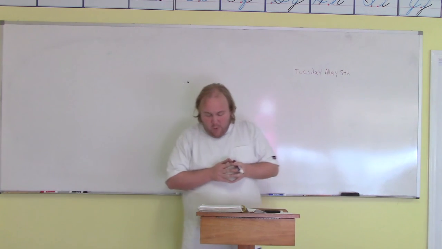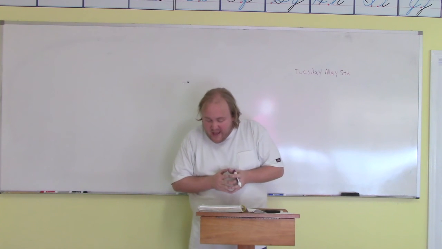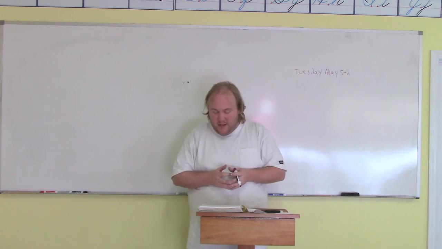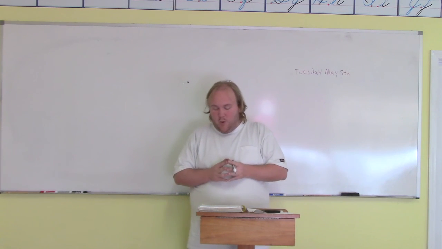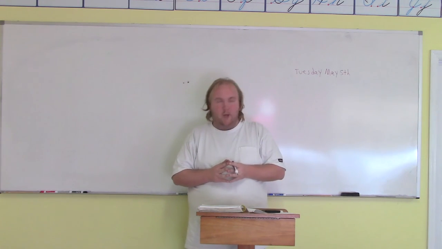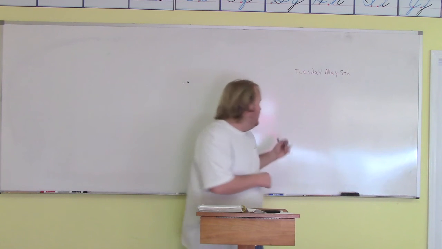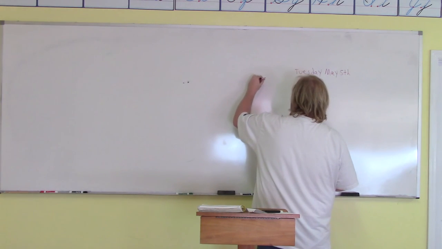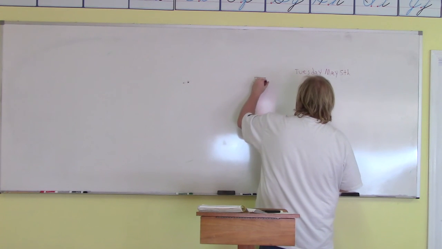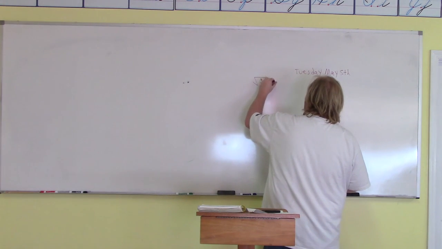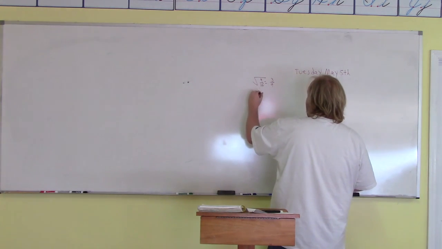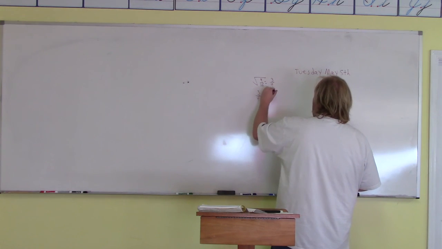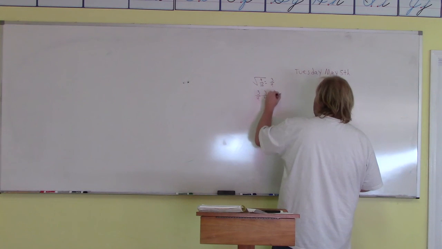All right. I will give you the answers to D and E, though. D is pretty much the same thing as finding a normal answer, because it's asking you what times itself would equal 9/16. The square root of 9/16 is 3/4, because if you multiplied 3/4 times 3/4, you would get 9/16.